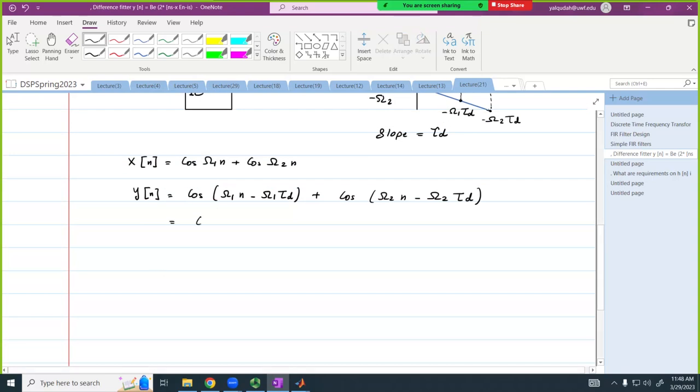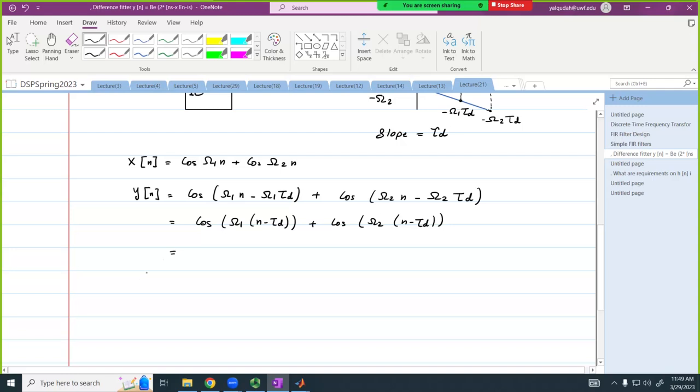Now I'm going to write this as cosine omega 1 multiplied by n minus tau delay, plus cosine omega 2 multiplied by n minus tau delay. I took n as a common factor, and the omegas as common factors.